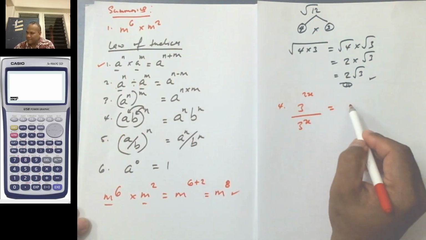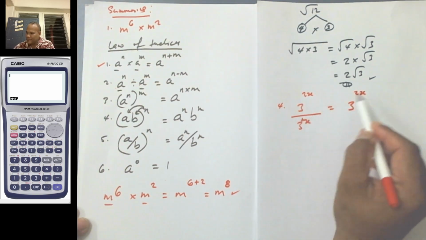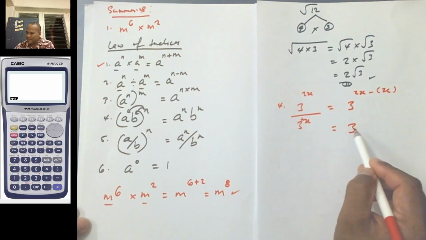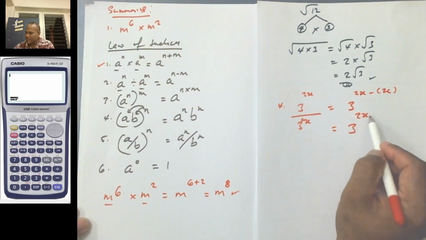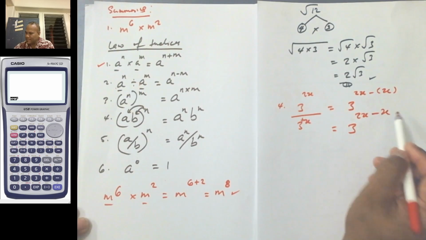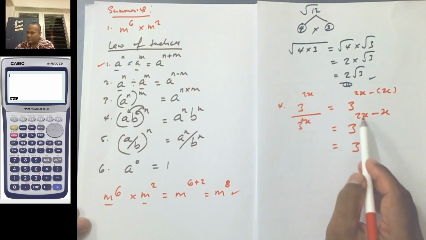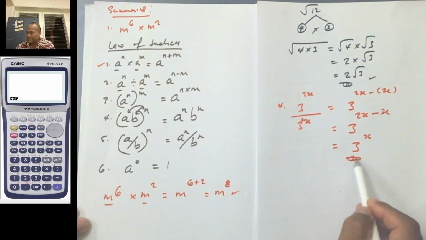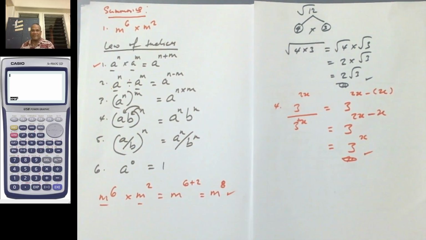So this is 3 to the power of 2x minus x, which is 3 to the power of x. That was a summary of what we have discussed in our last class.